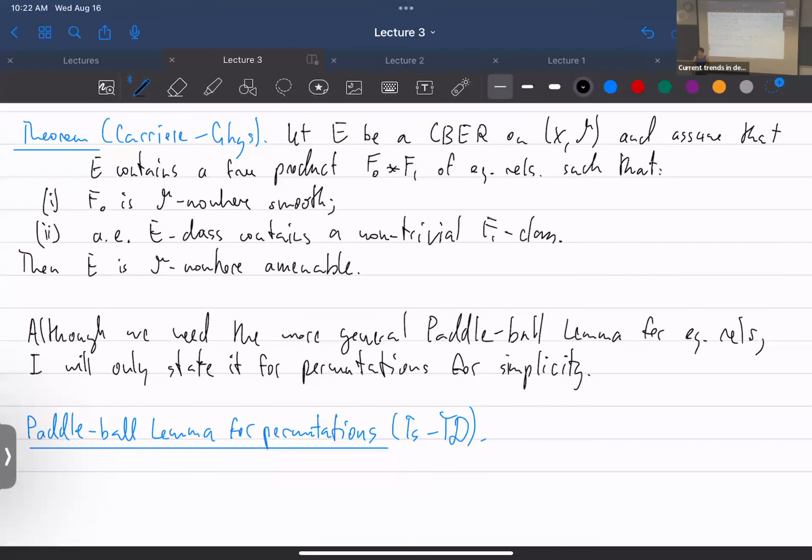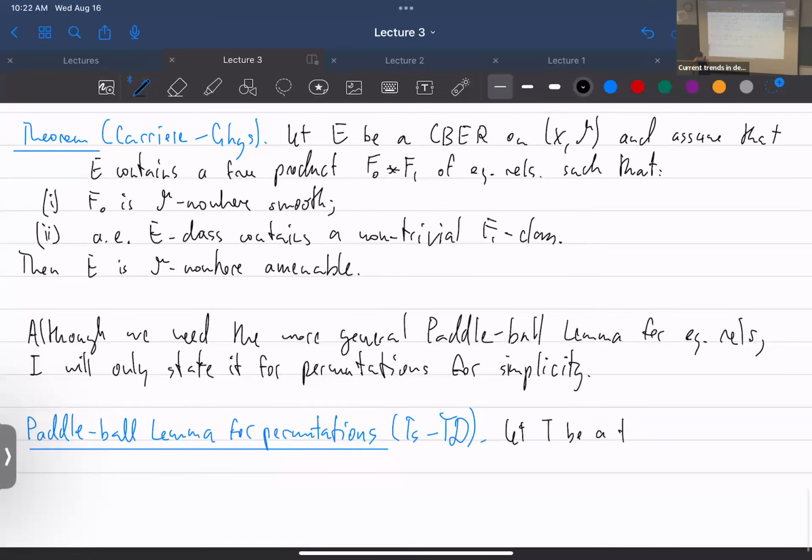No descriptive set theory, okay? So if you were sleeping before this, you can wake up just for this short moment. Okay, I see waking up people. Because it's completely abstract, let T be a tree, even maybe uncountable, who knows, on a vertex set V.